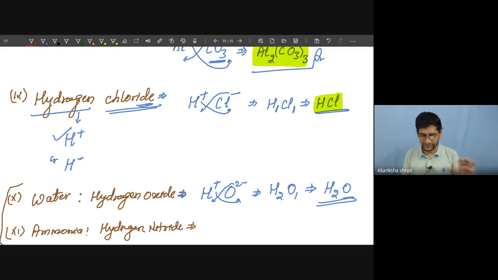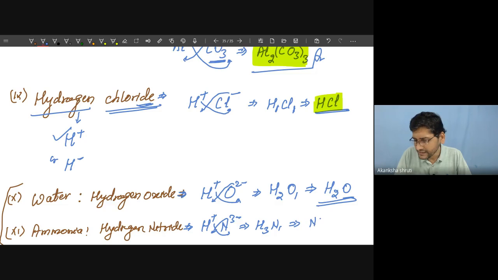We can write up to this. So it is like this, but the exact structure and which kind of bonding is there, that we will learn next year. Hydrogen H, nitrogen is our 3 minus. So 3 will come here, 1 will come here. What does it become? Hydrogen thrice, nitrogen once. So it is our NH3. So how the formula we were writing, everything can be written.